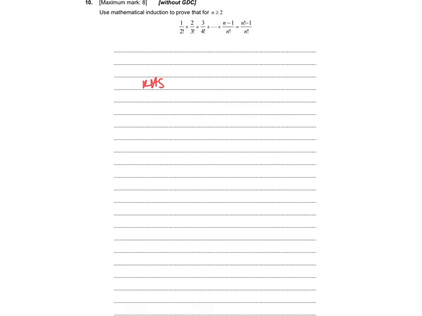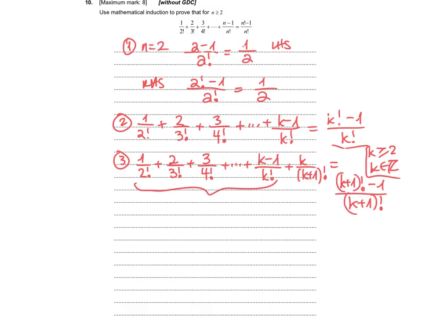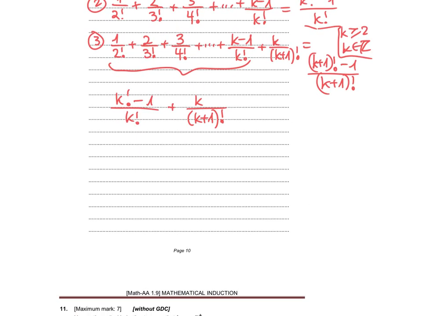So this whole thing is going to be k factorial minus 1 over k factorial, and then we still have plus k over k plus 1 factorial. Then we need to write this with the same denominator.